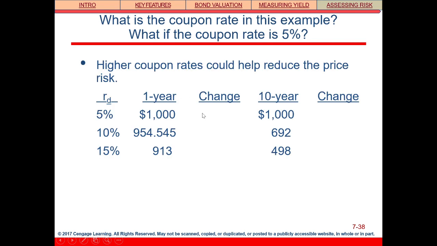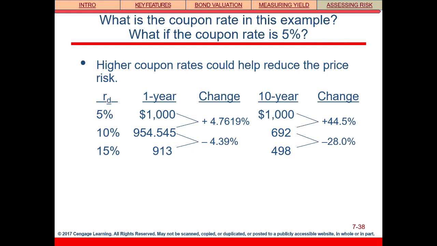We say a high coupon interest rate could help reduce the price risk because you get proportionally more payments earlier compared to bonds with a lower coupon rate. If the bond has a lower coupon rate, then the majority of what you get will be the future value when it matures; in the end of the day, you get the par value.